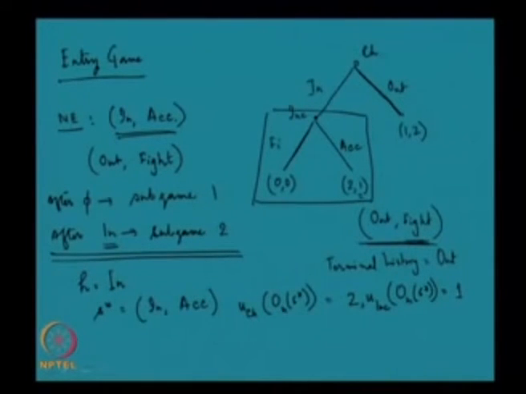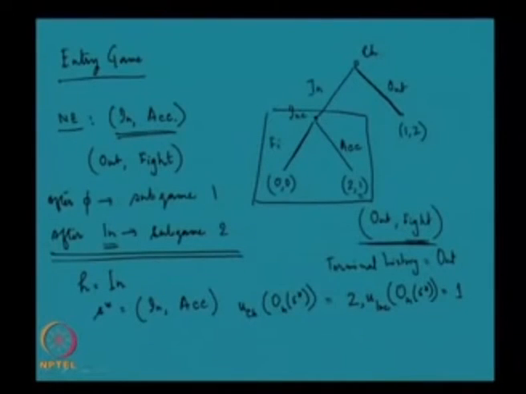The point is, is this optimal? If they deviate, will they get better? Well, if player 1 deviates and changes his strategy to out, and player 2's action remains the same, which is accommodate, then what does player 1 get?